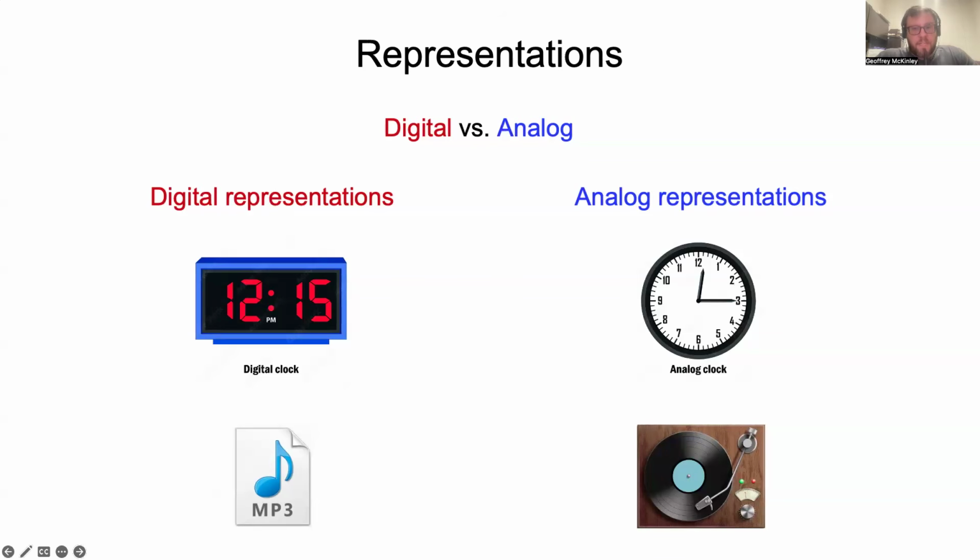Additionally, analog representations resemble the physical structure or appearance of what they represent. They have a direct, continuous relationship with the object or concept. In the example of a record, the groove shapes on a record directly correspond to the sound waves that the record produces.